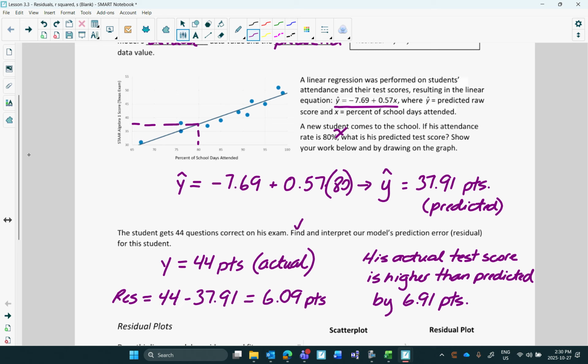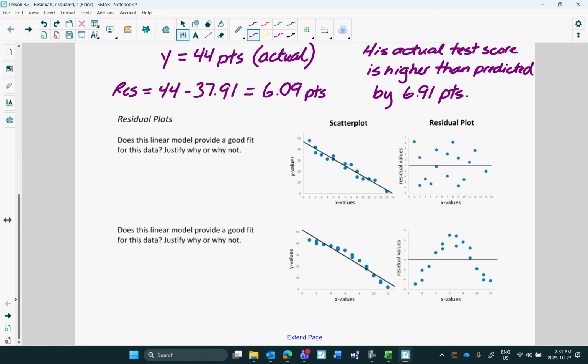This one would be a little bit positive, this one would be more positive, this one looks slightly negative, little negative, little negative, a little bit more negative, etc. Okay? And I can plot those differences. And what we call that is a residual plot.